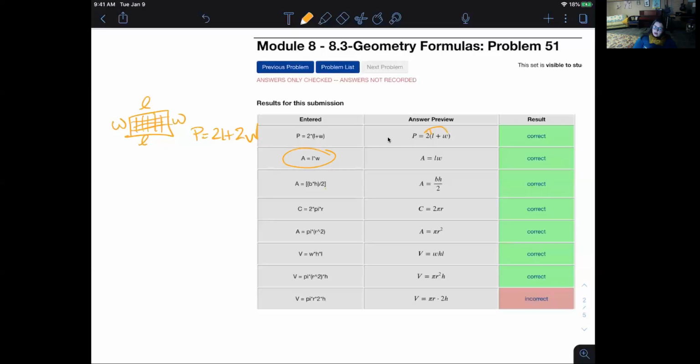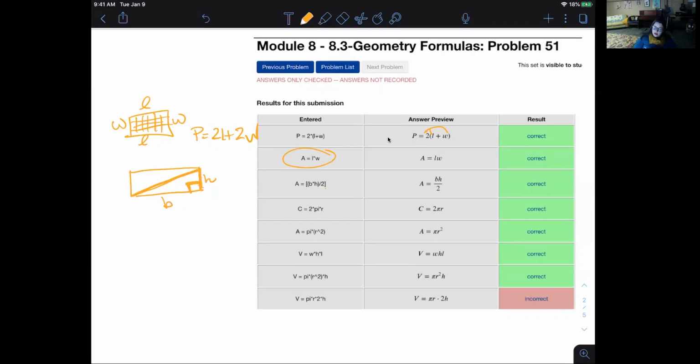This one is the area of a triangle. If we have a square or a rectangle and we cut it in half along the diagonal, what we find is that we have the length and the width, which are interchangeable with base and height. We use height because we're finding that at a 90-degree angle.